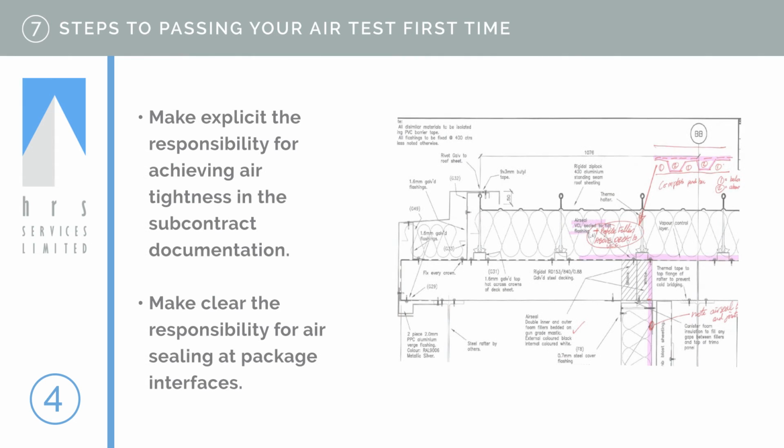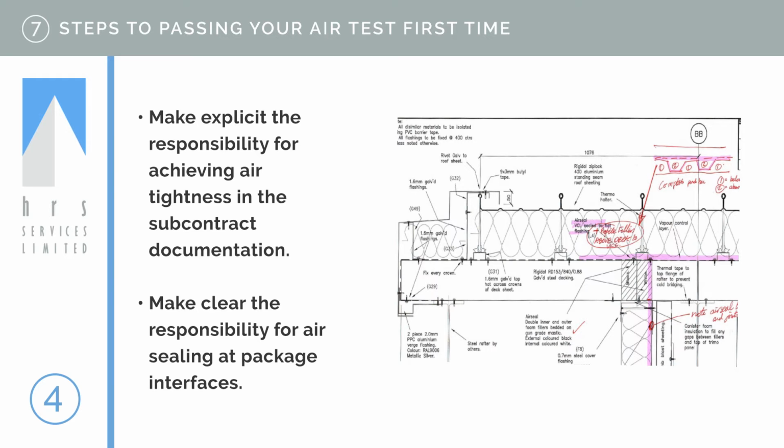A project with an onerous air tightness target and a high-risk design brief must be explicit with their subcontractors and their facade component suppliers about the performance criteria for the building. This must be highlighted in subcontract and specification documents in order to reflect the risk that each package carries in providing the primary air seal for the project.